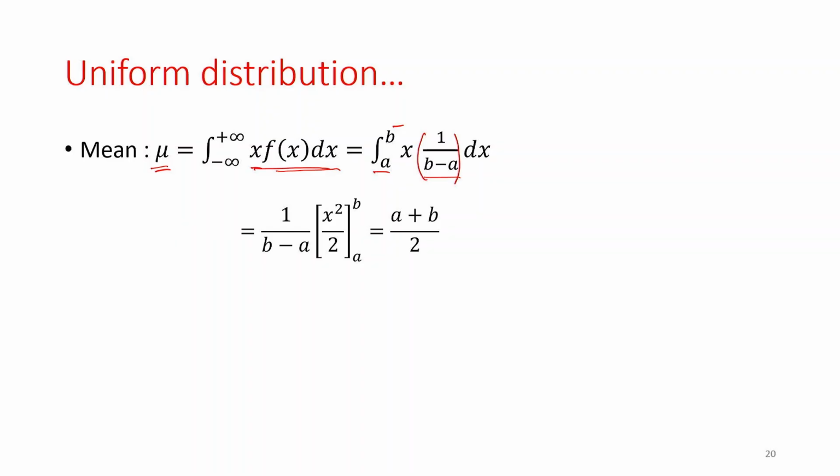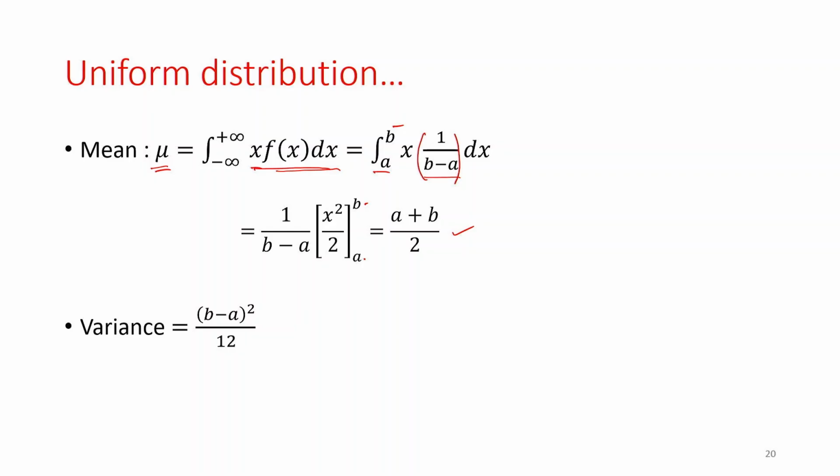So if we integrate it, then we get 1 upon b minus a, and x dx integration gives x squared by 2, and the limits are a and b. So if we substitute x squared by b and then by a, ultimately we will arrive at the value (a plus b) by 2.